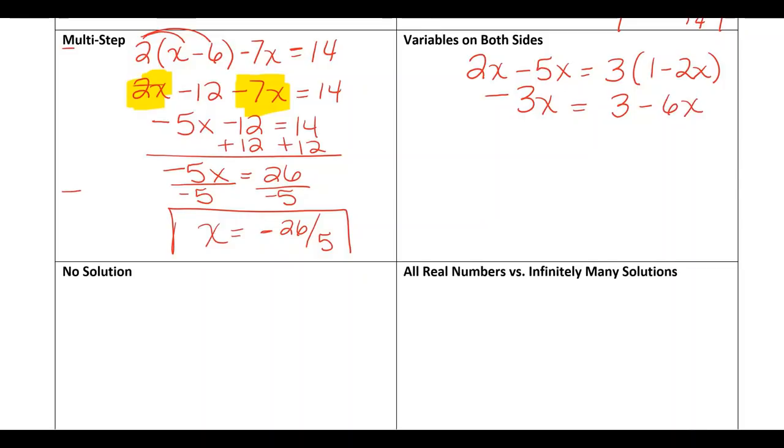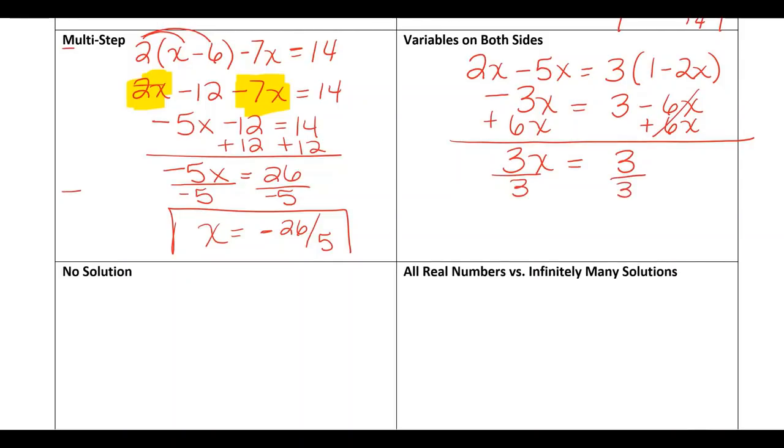Then you must collect the variables on one side. Now it doesn't matter, but typically the rule is you bring to the biggest one. So negative 3 is the biggest one. So I would add 6x over here. So I end up with 3x equals 3, because that would cancel out. Divide each side by 3, x equals 1.